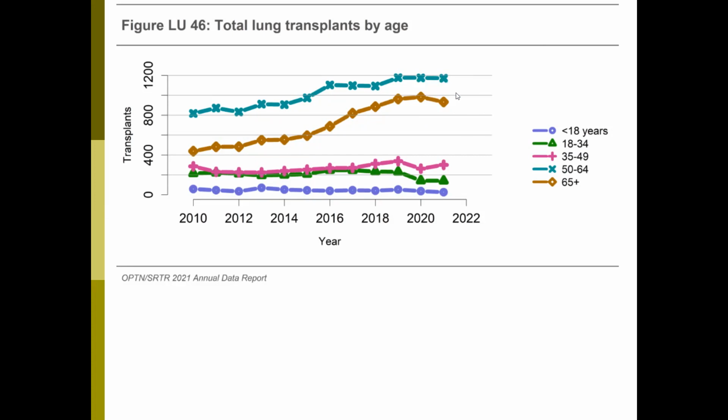And then 65 and plus, I don't want to offend anyone, but a little more than middle-age. Let's not call them older people. Again, the majority of transplants are happening somewhere between 50 and 70 or so. And again, I'll mention a little more detail of who should be getting a lung transplant based on their age.